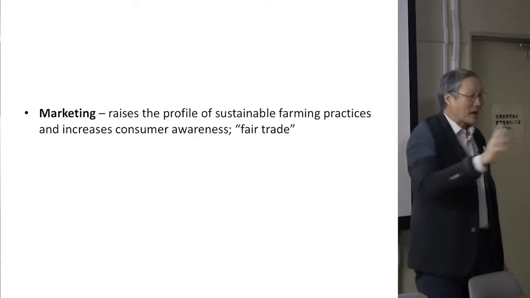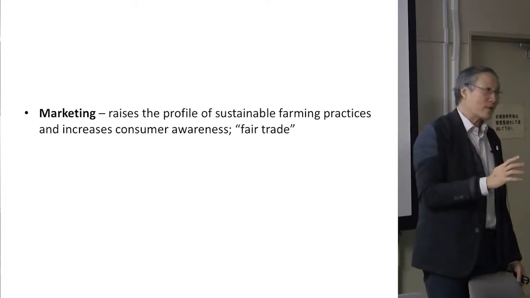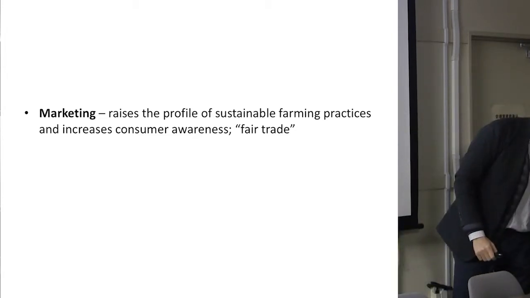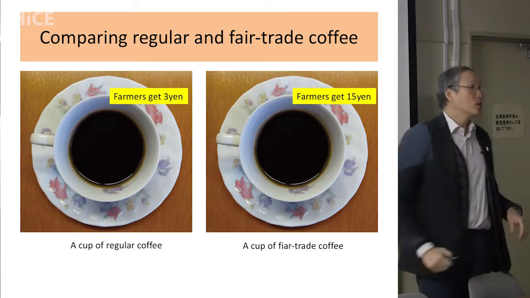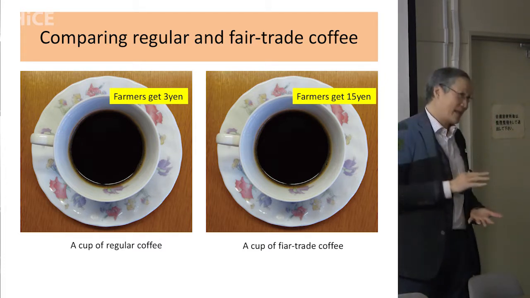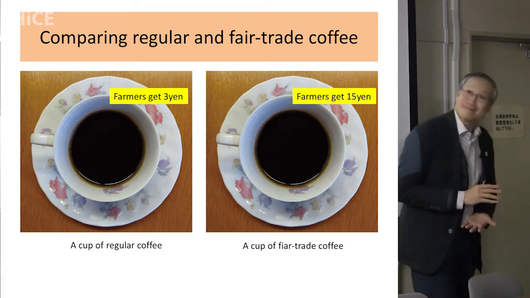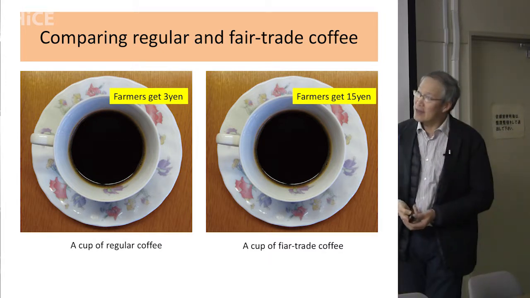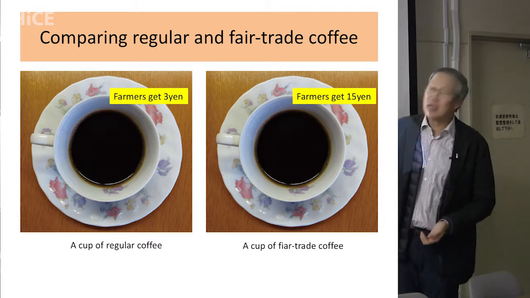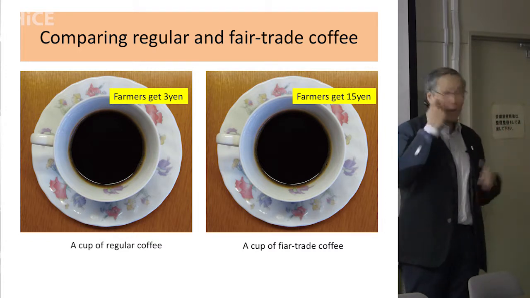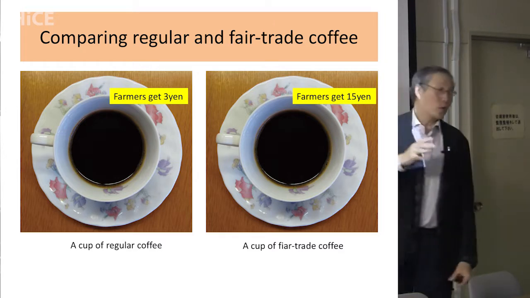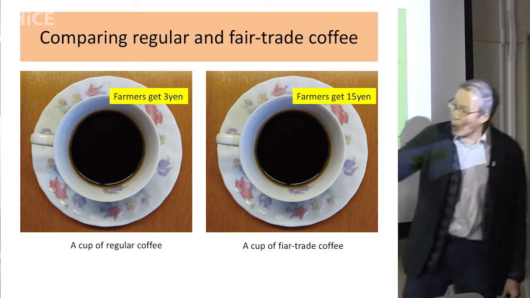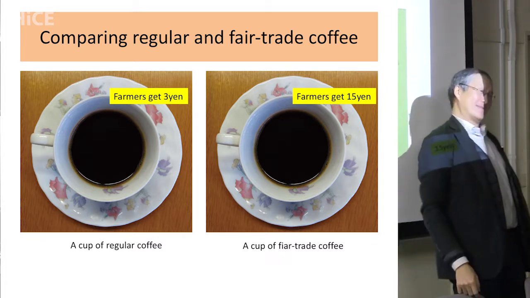Maybe some of you have heard of this word, fair trade. Now, I will explain to you an example. If you go buy 1 cup of coffee, now the coffee comes from the farm. So there's a lot of work going on in the coffee. So if you are buying a regular cup of coffee from the regular store, according to many studies, if this cup of coffee is 100 yen, only 3 yen will go to the farmer.